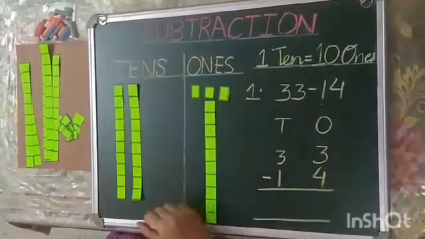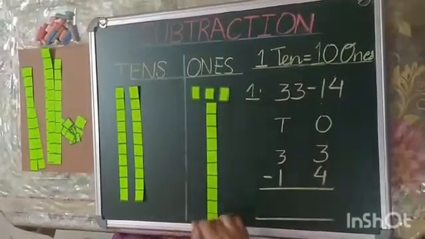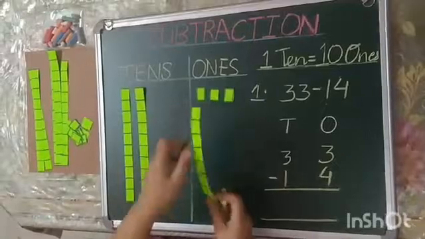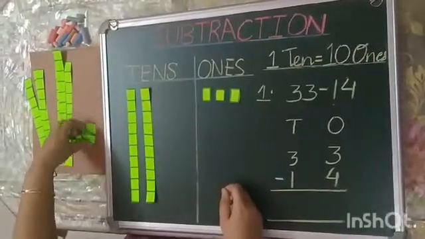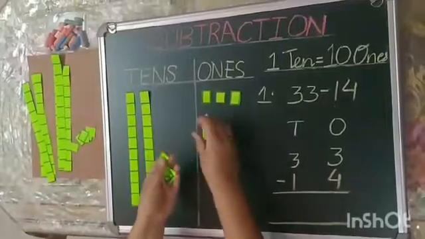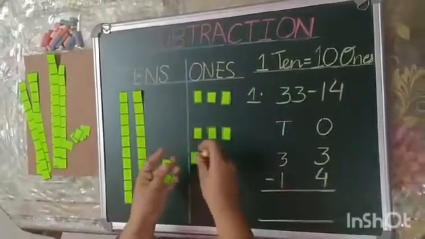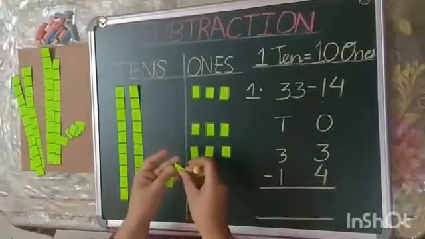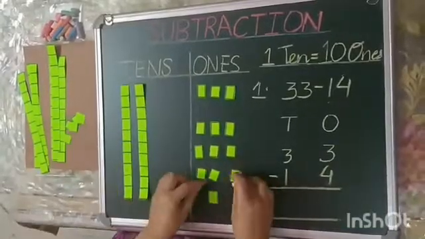But this is the ones column. So I cannot put a ten in a ones column. So what will I do? I will replace this 1 ten with 10 ones. So 1, 2, 3, 4, 5, 6, 7, 8, 9 and 10.